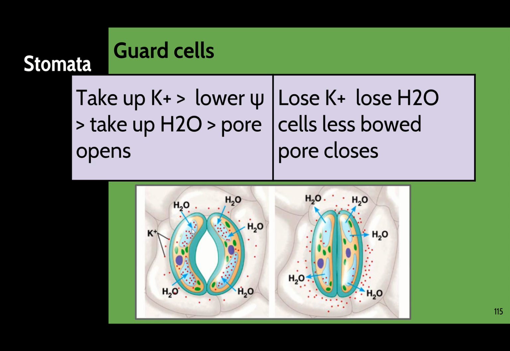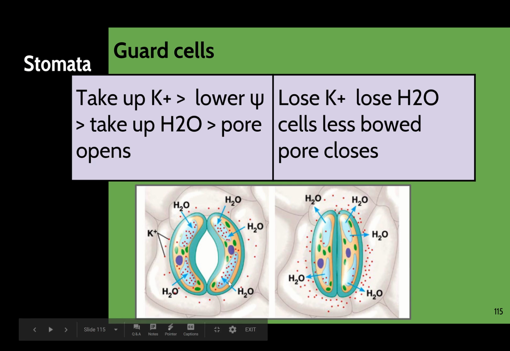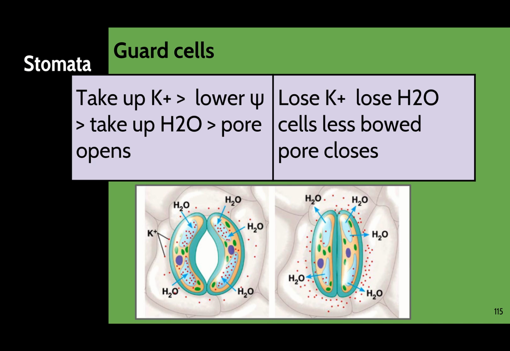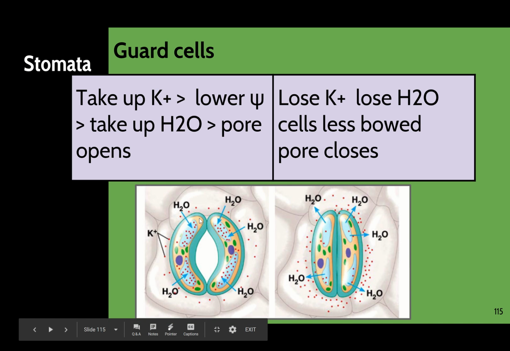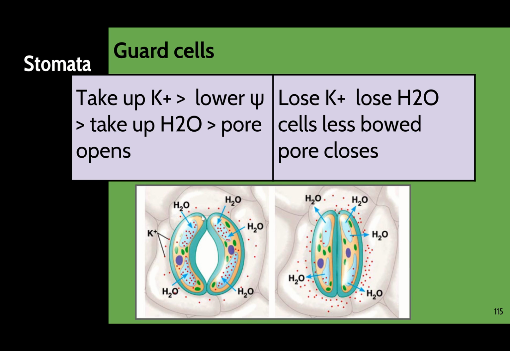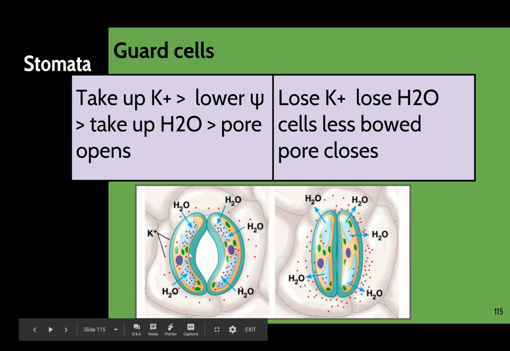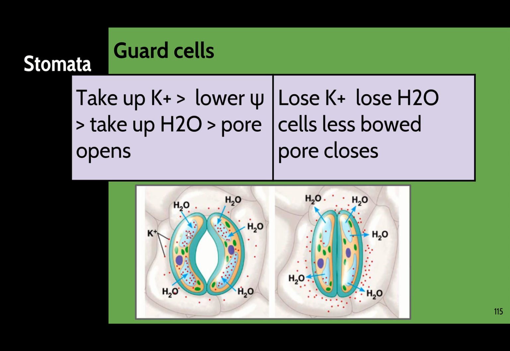And so water is going to move into these cells. Water is going to move because think about it as your hypertonic and hypotonic. Water is going to move from an area of high concentration to an area of low concentration. The potassium has decreased the solute potential. Yeah, that's why I got it backwards.